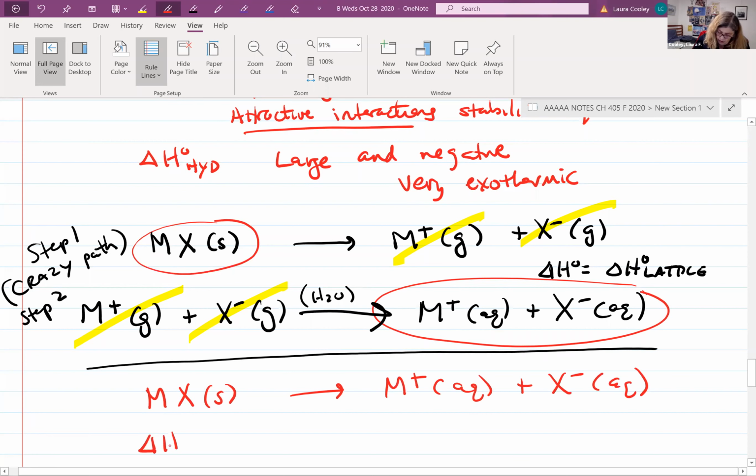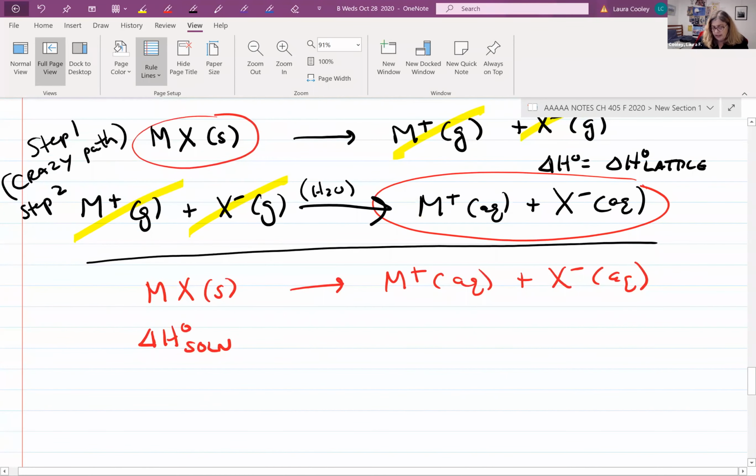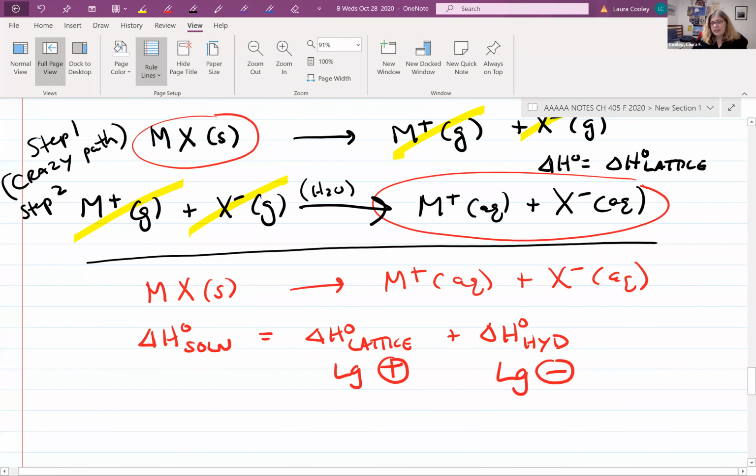And this we call the delta H of solution. Okay. And so it's the sum of the lattice enthalpy and the enthalpy of hydration. And this is a large positive number, and this is a large negative number.